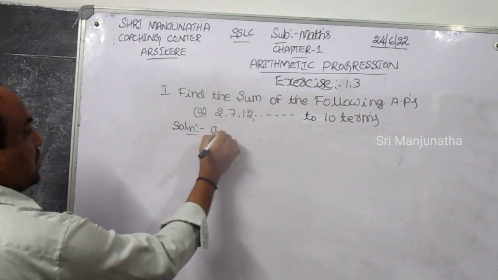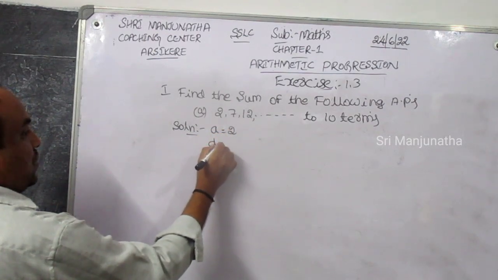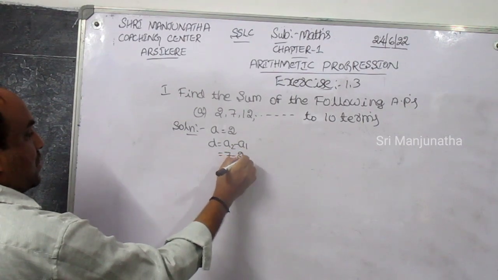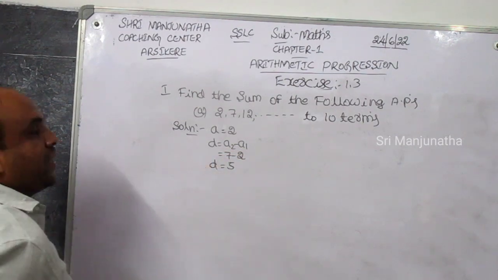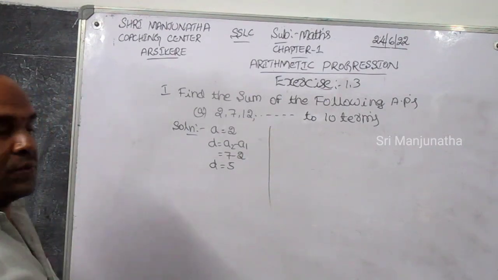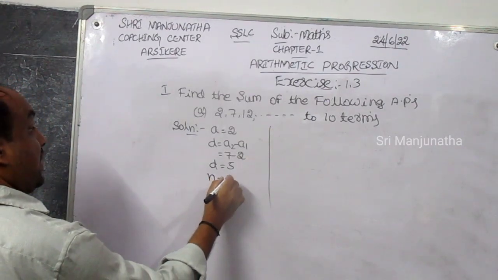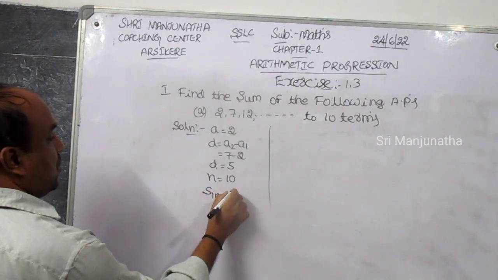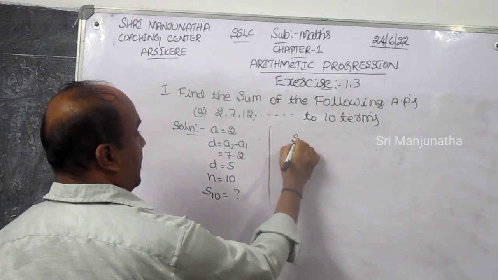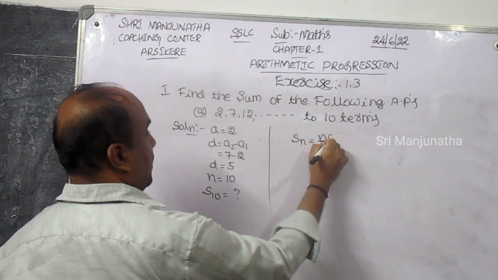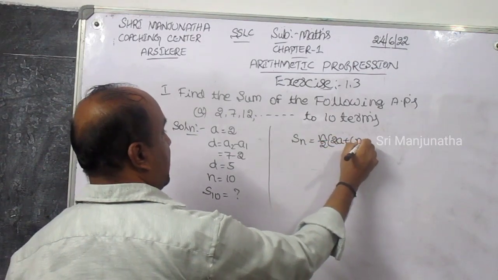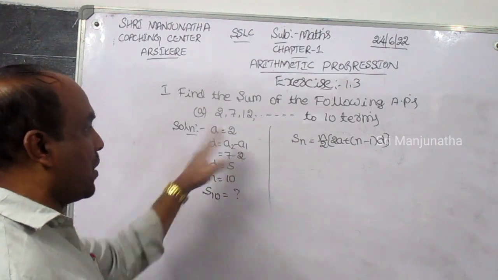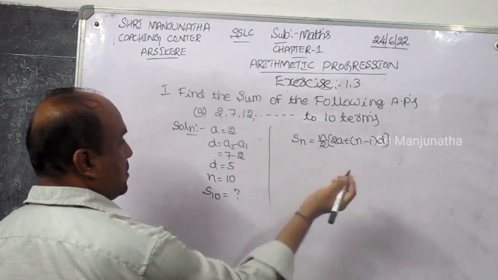a is equal to what? 2. d is equal to a2 minus a1 equals 7 minus 2. d is equal to 5. These are the given values. n is equal to 10. It is also given here. Sn is equal to question mark. Apply the formula here. Sn is equal to n by 2 into 2a plus n minus 1 into d, the formula to solve this problem in an easy way.